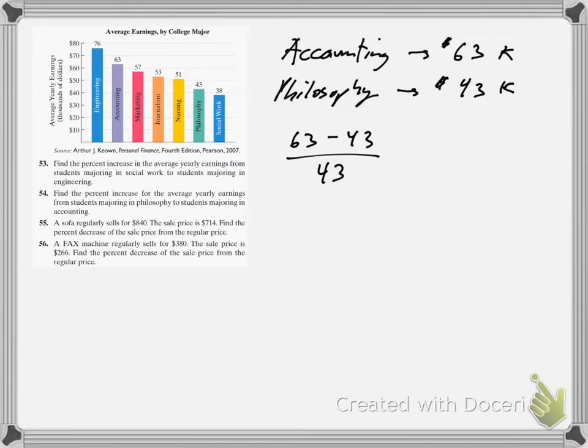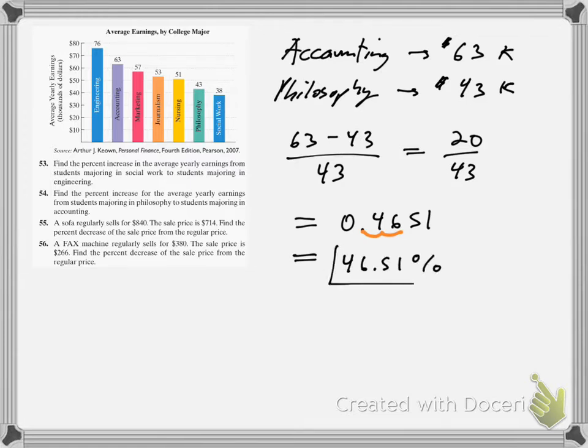And so that is 20 over 43. So if I do 20 divided by 43 on my calculator, I get 0.4651. That's decimal. To get that into a percent, I have to shift that 2 and get 46.51%. So that's my percent increase from philosophy to accounting.